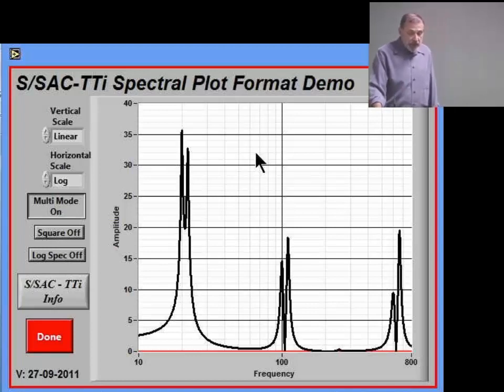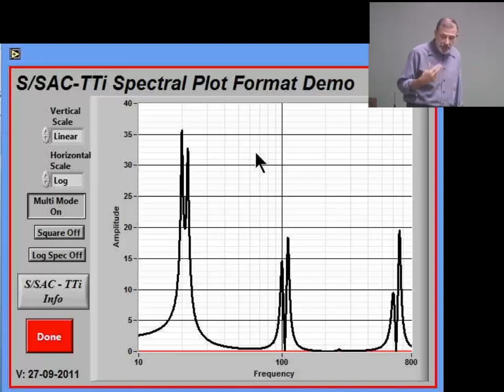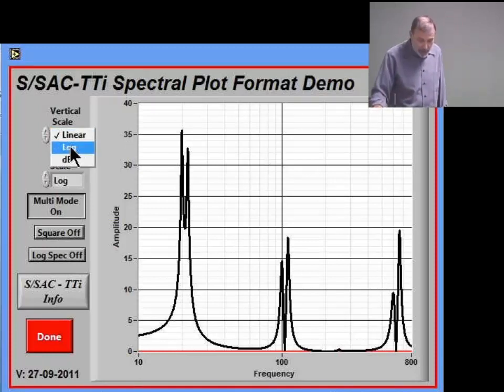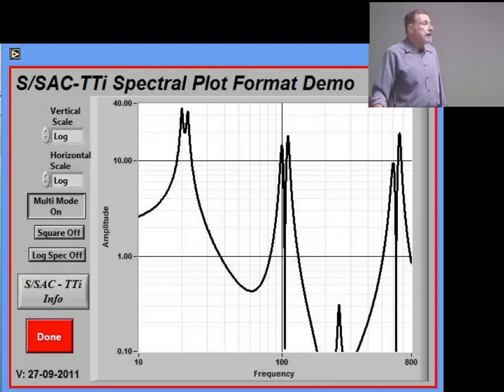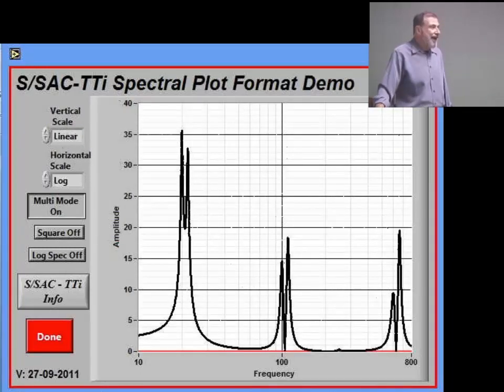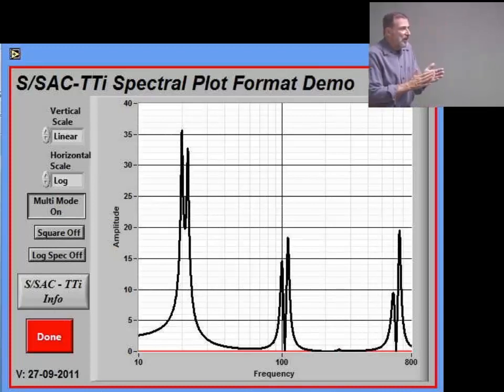If I've got a super duper acquisition system and instrumentation system that I want to show off the dynamic range of, then I want to use log. So if my signal to noise ratio sucks, what am I going to do? Linear, you bet. I'm hiding what I don't want you to see. Perfectly legal things to do.